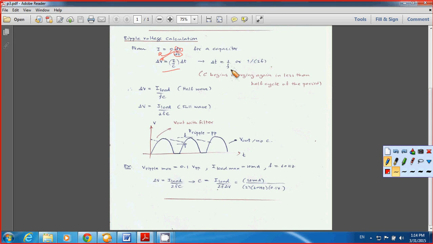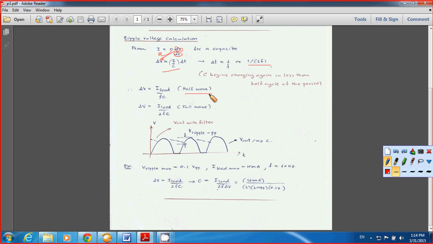The frequency here is the ripple frequency, or for full bridge rectifier you can use delta T equal to 1 over 2 times the ripple frequency.